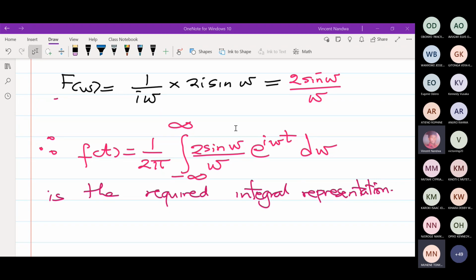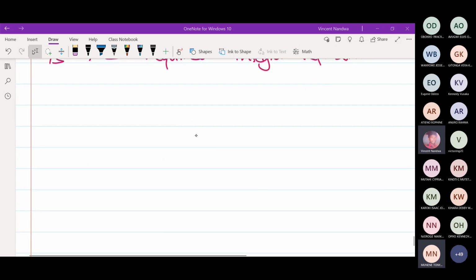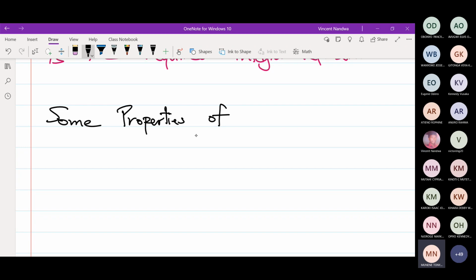Once we have defined the Fourier transform, we have done examples on Fourier transform. So the next thing is to discuss the properties of the Fourier transform operator.